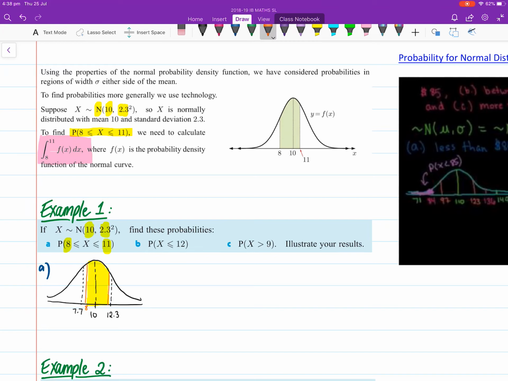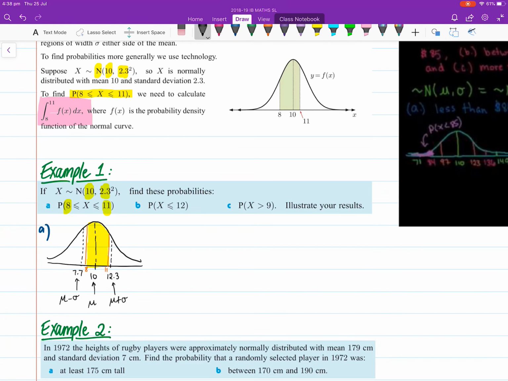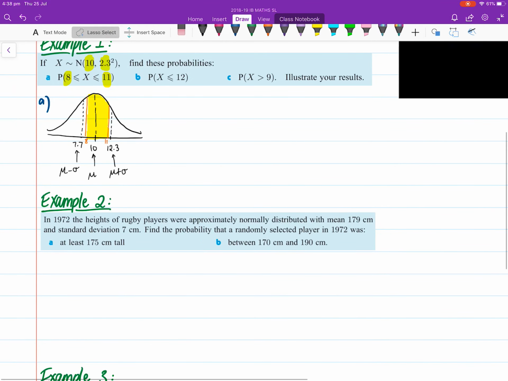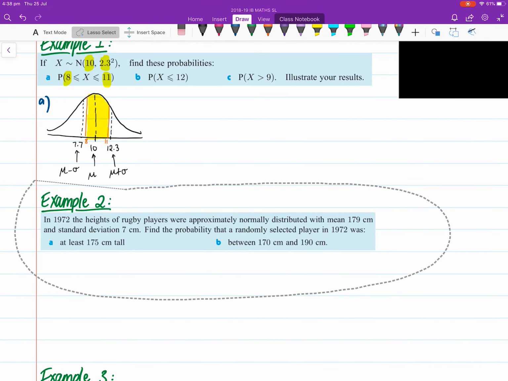So there's 8, 11, okay. Let me just put down here for you, that's mu, and this is mu plus sigma, and this is mu minus sigma, okay? And you just type in the calculator, and the answer we get is actually... Let me just move this down so we've got a bit of space.